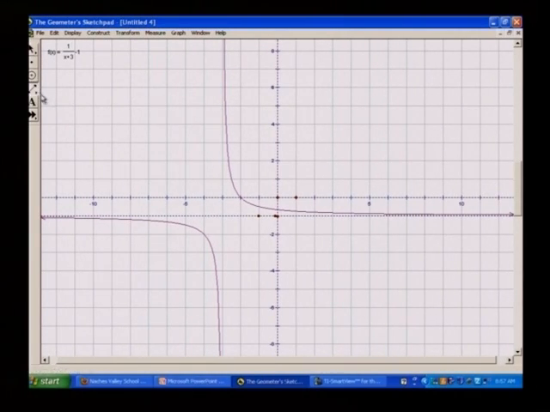Let's draw one in there. There we go. So what we saw by translation, now verified by taking a look at the graph.